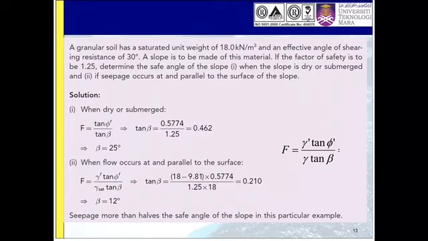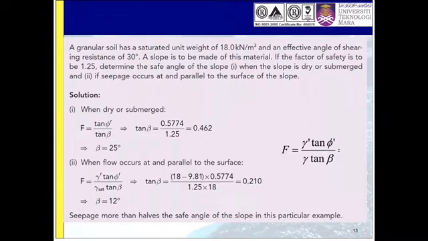A slope is to be made of this granular soil. If the factor of safety is to be 1.25, determine the safe angle of the slope. One, when the slope is dry or submerged. Two, if seepage occurs at and parallel to the surface of the slope.